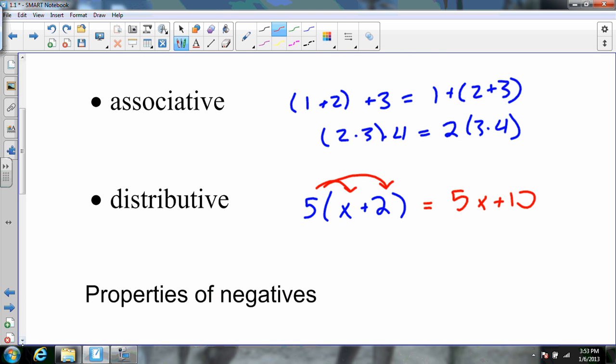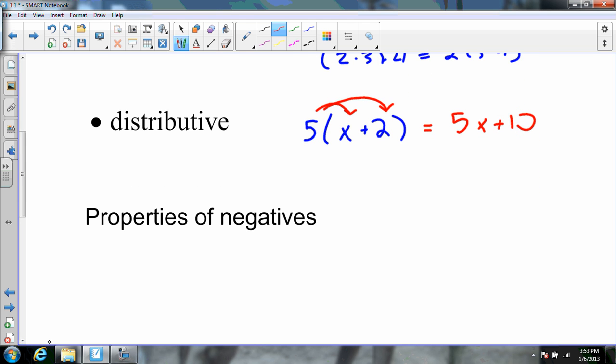This should all be a review for you guys. There's also a lot of properties about negatives. We know that a negative times a negative is a positive, and a positive times a negative is a negative.